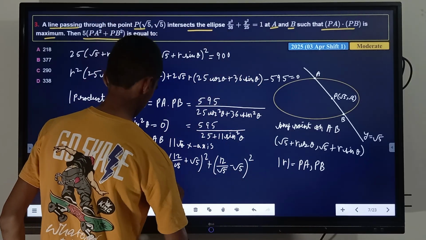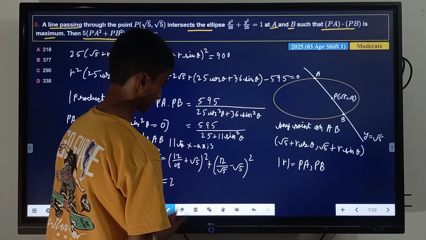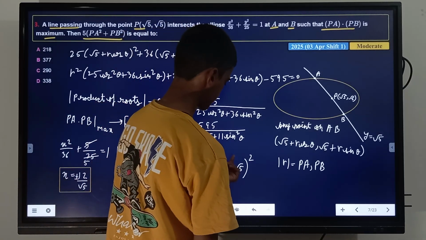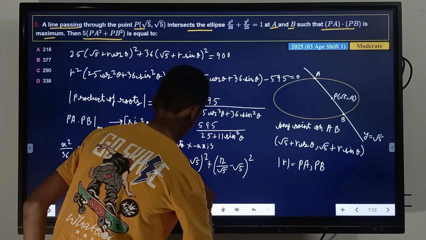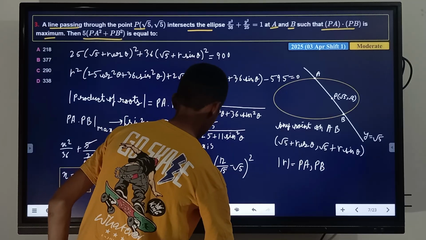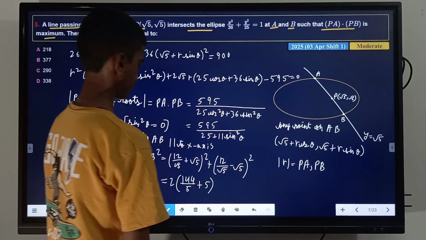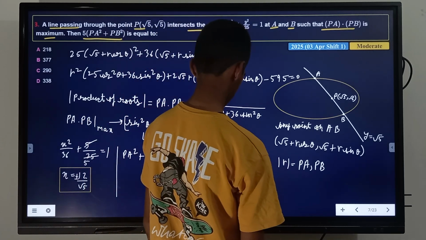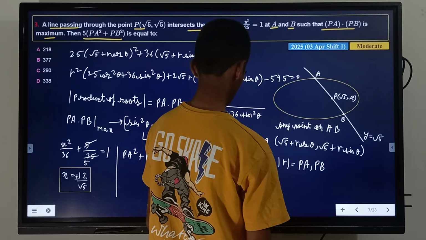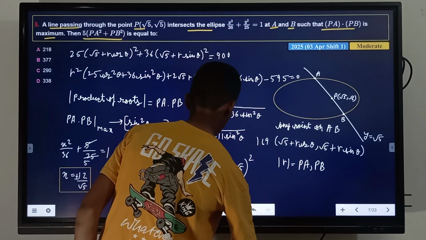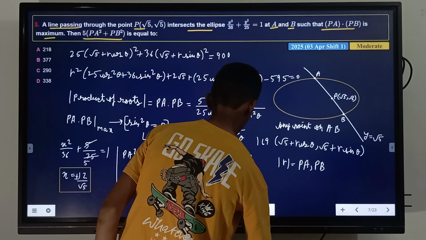From here we will take terms common with square. 2 times this into this will get cancelled with minus 2 times this into this. So we get 2 times (144 upon 5 plus 5). 144 plus 25, 169. 169 into 2, it's 338 upon 5.